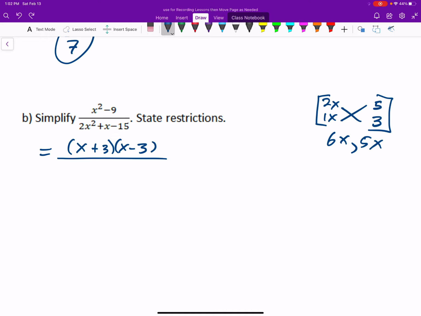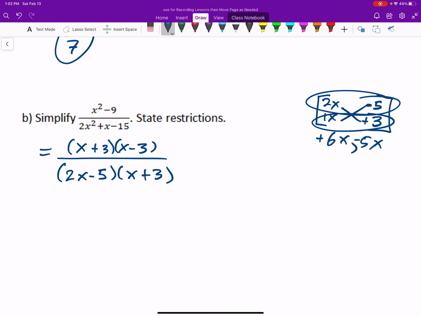And I want it to be a positive x. That means I need to make this a positive 6x and a minus 5x to give me that positive 1x. So where did the 5x come from? It came from the 1x times 5. So I'll put the minus sign in front of the 5, plus sign in front of the 3. Here's my two factors: 2x minus 5 and x plus 3. Okay, now it's in factored form.